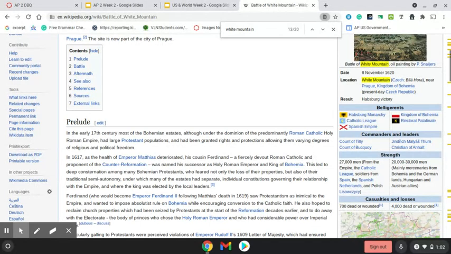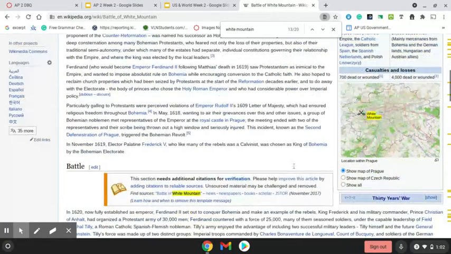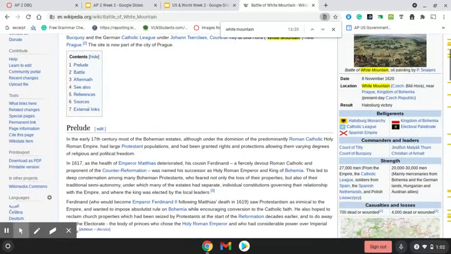They used superior strategy, and they had more resources because they were supported by the Spanish Empire and also the Habsburg royal family, which ruled over multiple kingdoms. And of course, they ended up having fewer losses. The Catholics only had 700 casualties, while the Protestants had about 4,000 altogether.